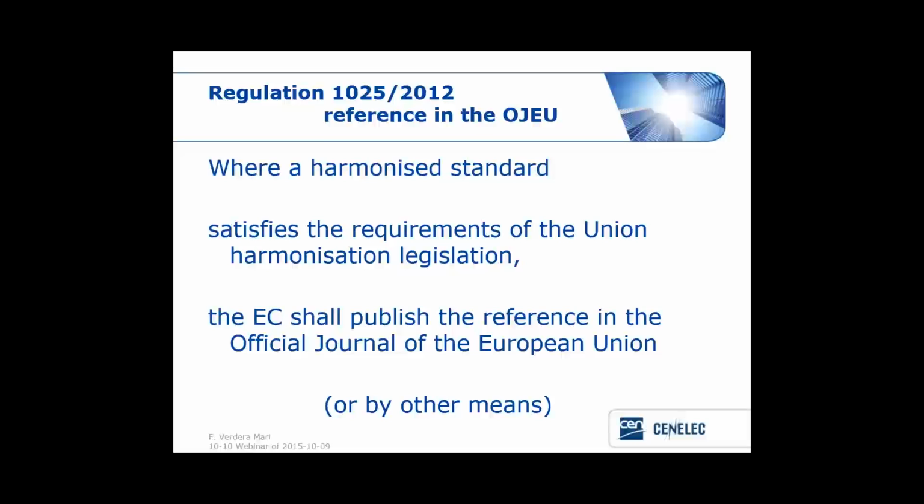If we issue a European standard which covers the requirements which were in the draft standardization request, and it's supporting regulations, the EC shall publish the reference in the official journal. Because imagine moving all these things, spending so much money of experts and business interest, and then the Commission says, no, I'm not going to publish it. No, sorry, Regulation 1025 says very clearly that the Commission shall publish the reference in the official journal. Of course, where a harmonized standard satisfies the requirements of the Union harmonization legislation.